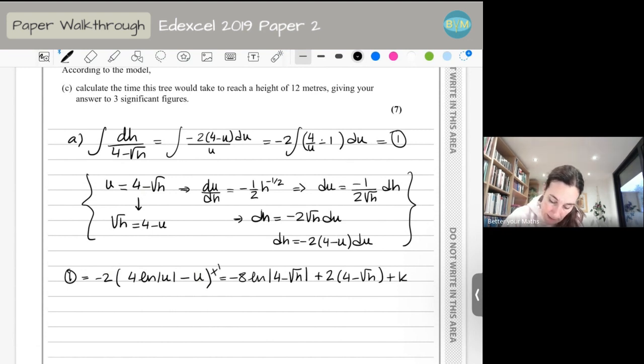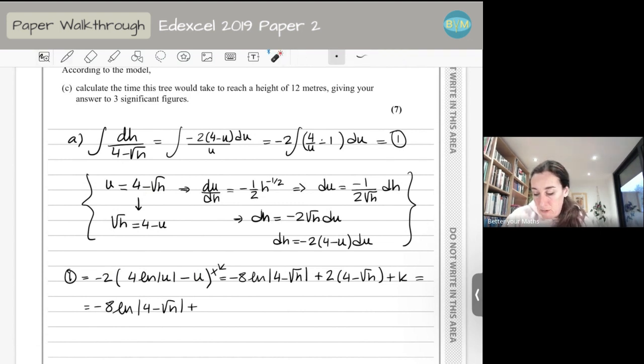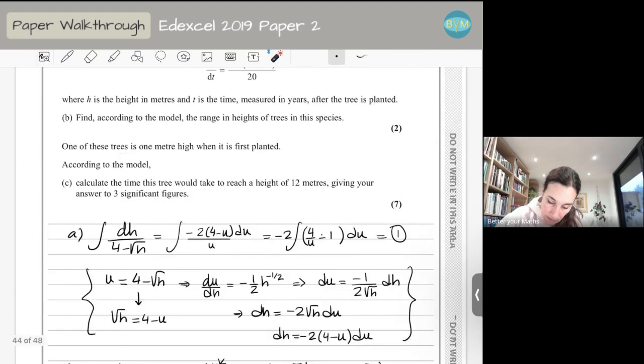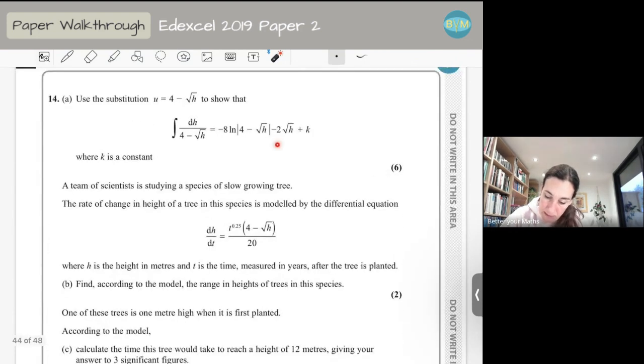I should add it here as well. Plus k, so it is equal to minus 8 ln (4 minus root h) plus this 8 together with this k is just another constant, k prime, or it doesn't matter. It's a constant that I will have to find. The important thing are the variables. And then I have minus 2 root h plus a constant. Call it different if you want. And that's what we needed to find. So this is the bit that we needed. That's the first part.